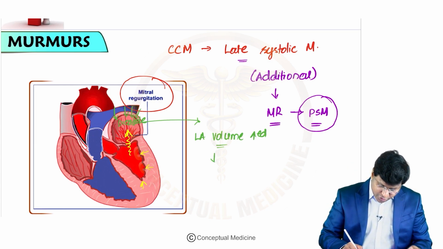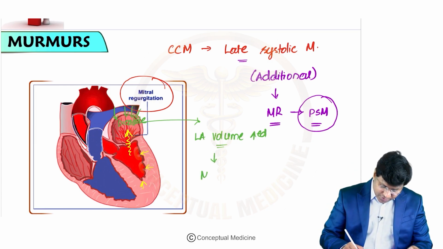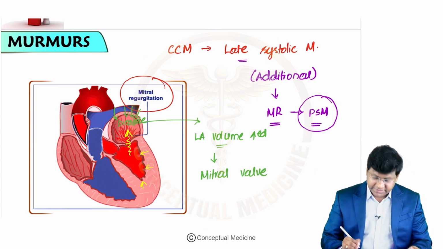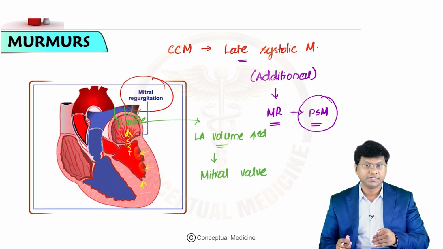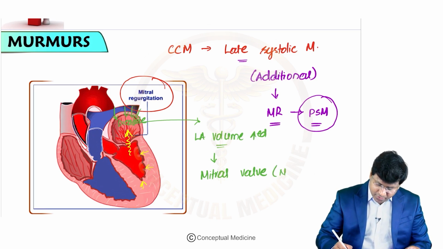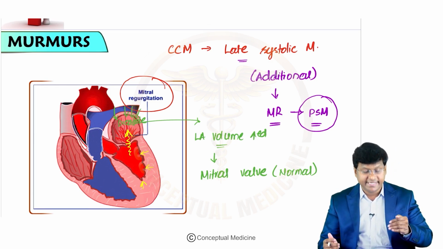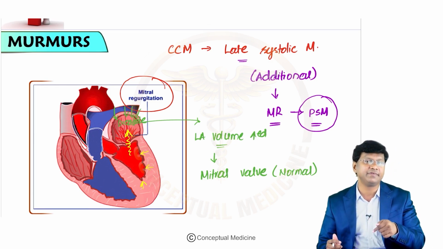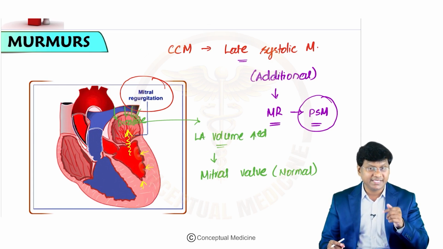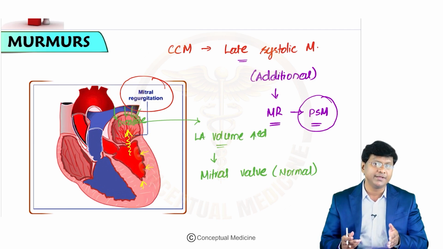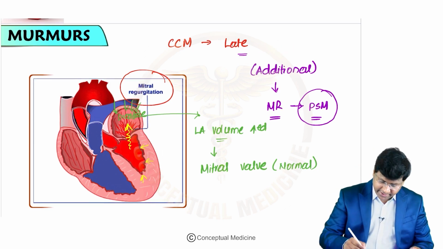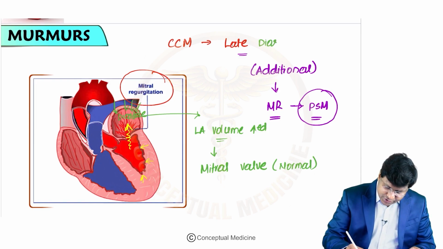And this increased volume of blood has to pass through the mitral valve, which is a normal valve area. So when this increased quantity of blood is passing through a normal valve area, it produces a mid to late diastolic murmur.